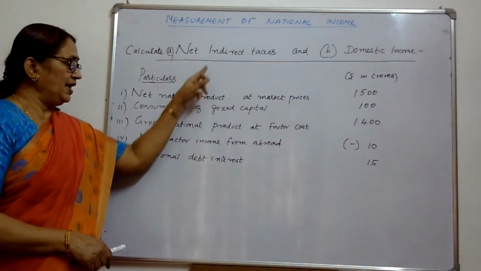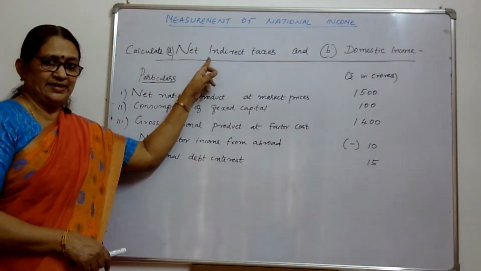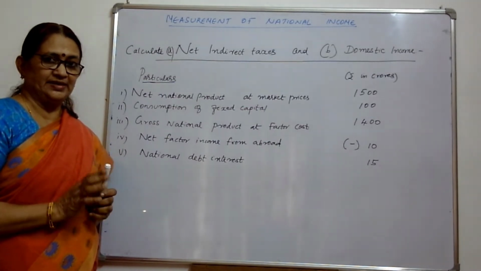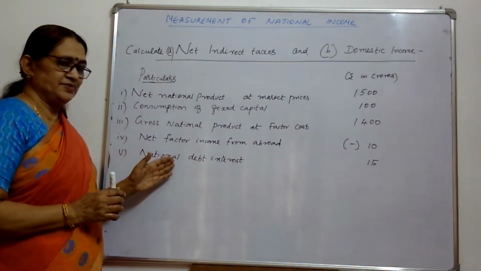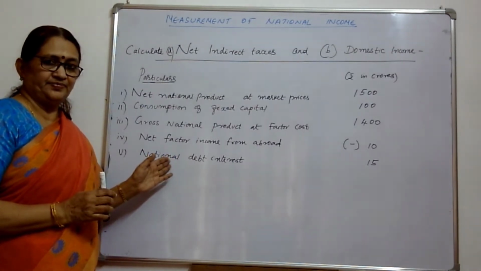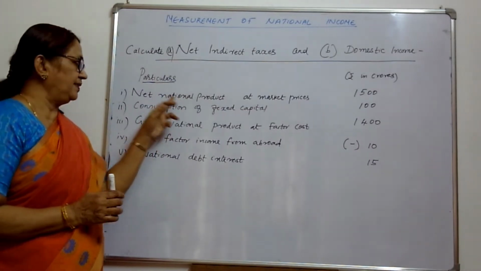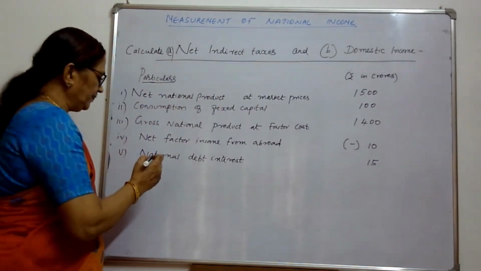So we have to calculate first of all net indirect taxes. So net indirect taxes is equal to indirect tax minus subsidy. But here indirect tax and subsidy are not given. But what is given? The national income concept, net national product at market price, is given.